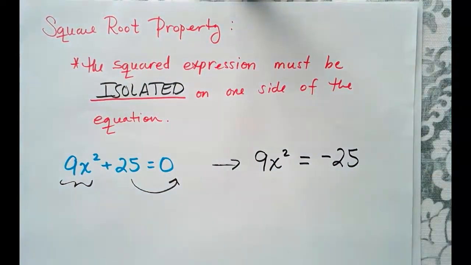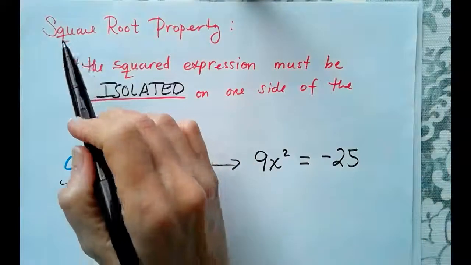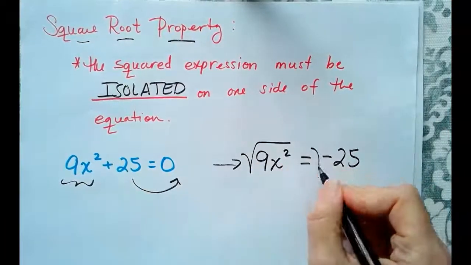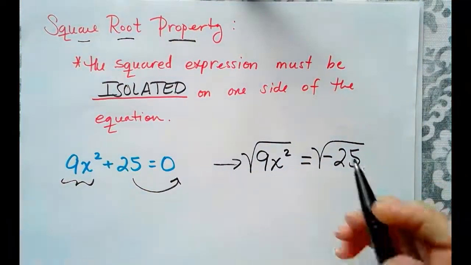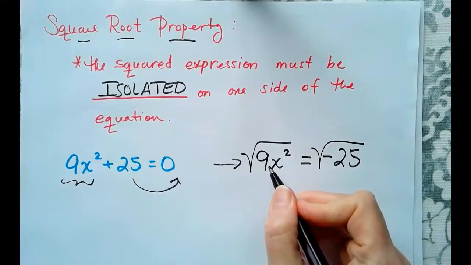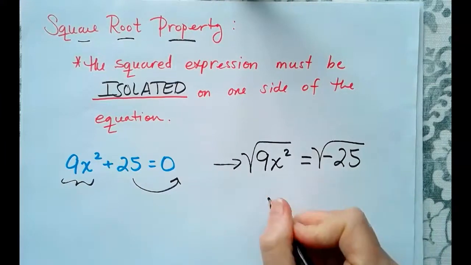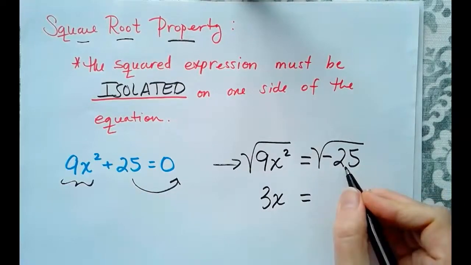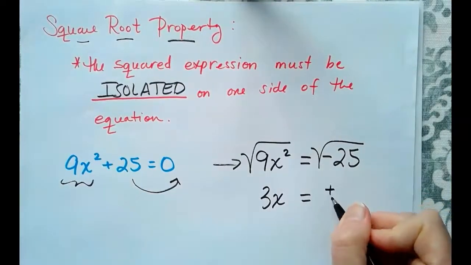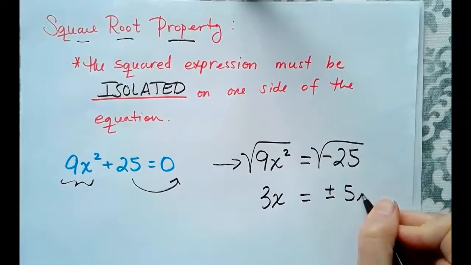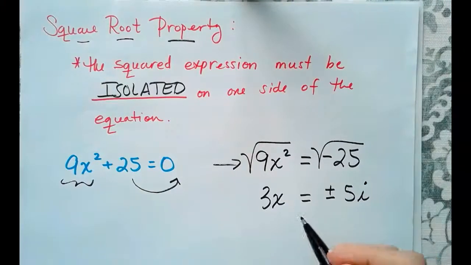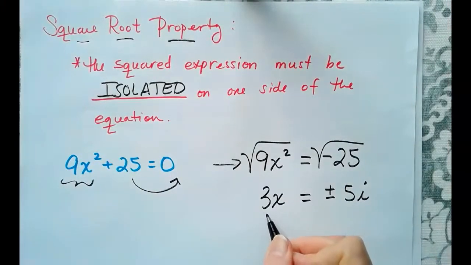After we isolate the squared term, then we can apply the square root property, which is simply to take the square root of both sides. The square root of 9x squared is 3x, and the square root of negative 25 is plus or minus 5i. Now we could have divided by 9 first, but I'm just going to divide by 3 here on the back end.